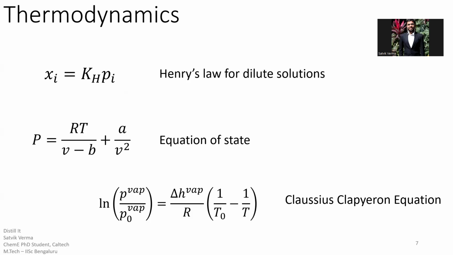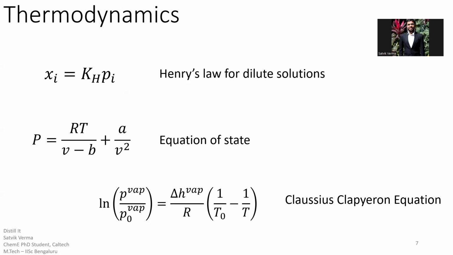It is very widely used in thermodynamics to calculate thermodynamic properties of specific substances. When we are talking about low pressures, most gases behave like ideal gases, which means they follow the ideal gas equation of state, PV equals nRT. But at higher pressures, these gases start to deviate from ideality.